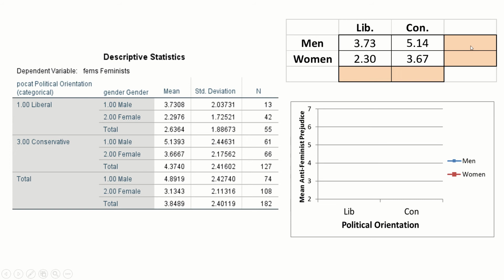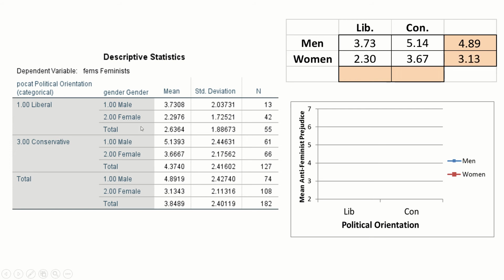And then we need the marginal means for gender and the marginal means for political orientation. If we look down here at the totals, we have the marginal means for men and women, so we'll do those first. Men are 4.89, women 3.13.